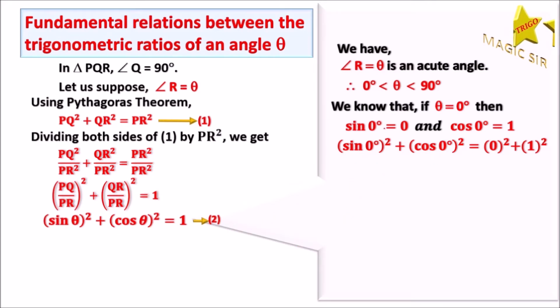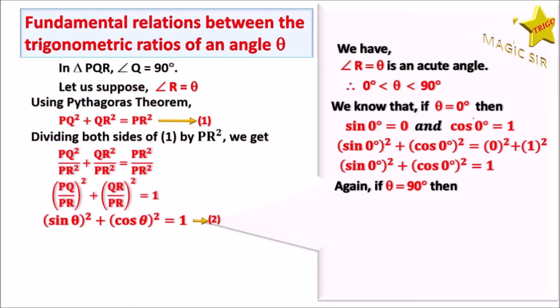So it is equal to 0 whole square plus 1 whole square. Therefore, it is equal to 0 plus 1 equal to 1. Now see the right hand side of equation 2. It is equal to 1. So equation 2 is true for theta equal to 0 degrees.